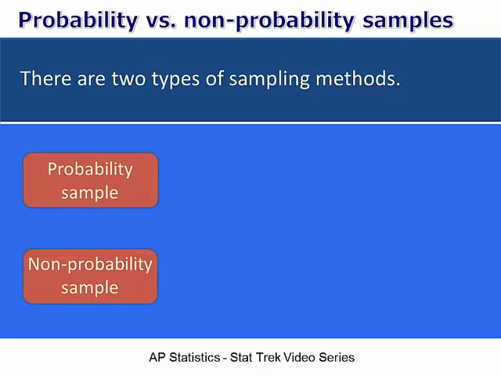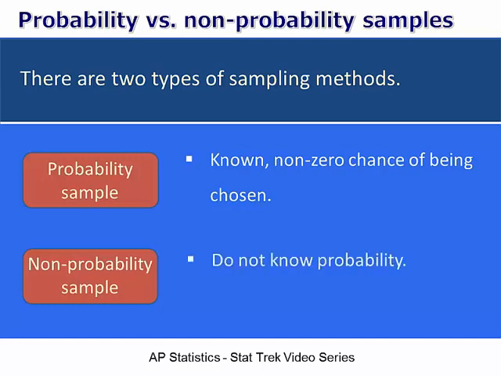With probability sampling methods, each population element has a known non-zero chance of being in the sample. With non-probability sampling methods, we do not know the probability that each population element will be chosen, or we cannot be sure that each population element has a non-zero chance of being chosen.